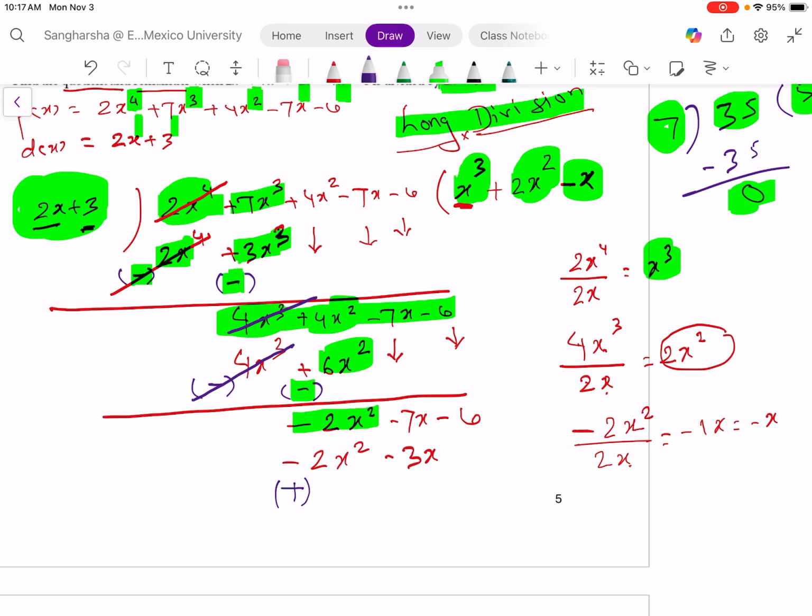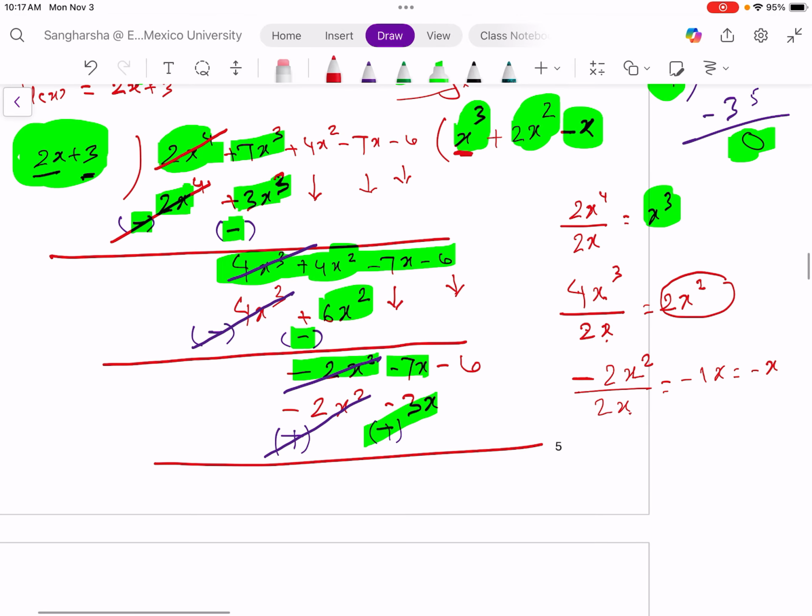Negative 3x changes to positive 3x. So negative 2x squared, positive 2x squared, 0. Negative 7x, positive 3x is negative 4x. And we still have negative 6, and we drop that negative 6 as it is.